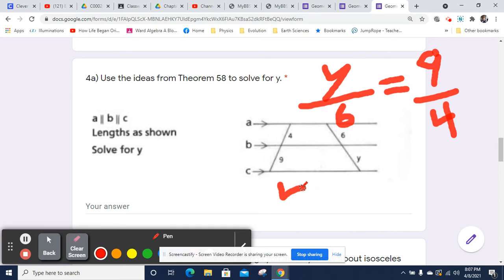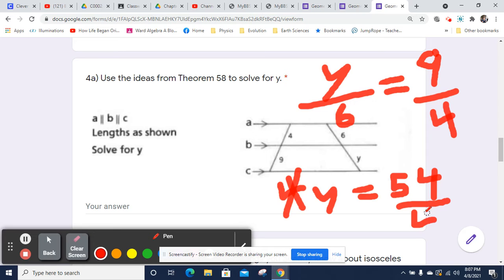So 4y is going to equal 54. Then we just divide 54 by 4, and that's going to end up being 27 over 2, which will end up being 13.5. So y will be 13 and a half.